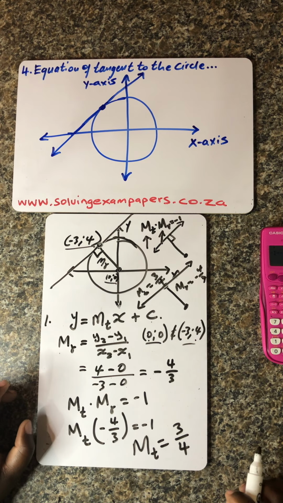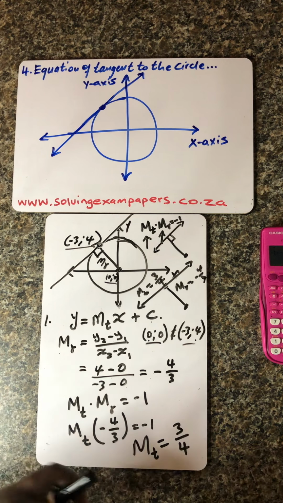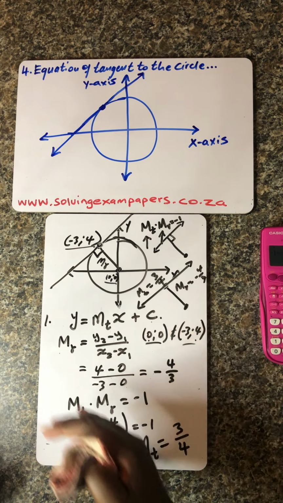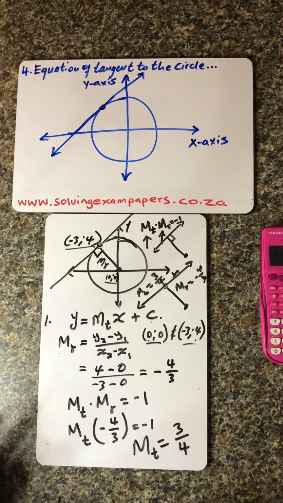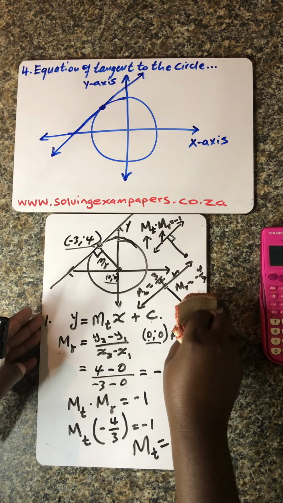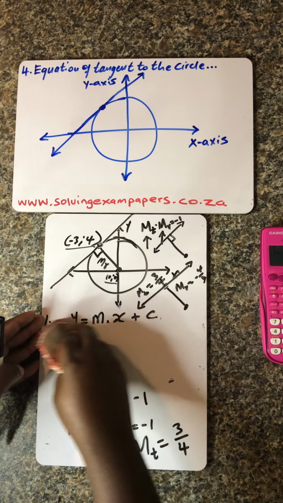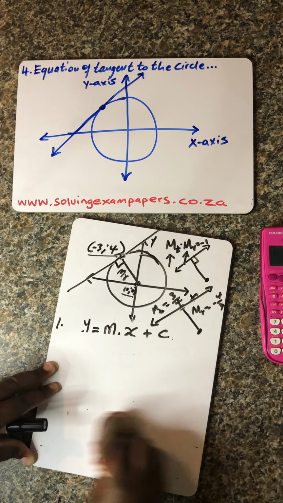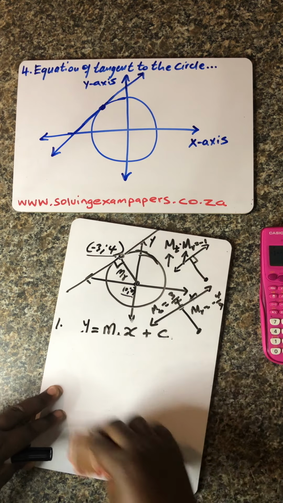Very, very important. I assume you fully understand that part. I'm just going to remove all of this information, but remember, on your page you'll be moving to the next page. This is just for you to have an idea of what we're dealing with.